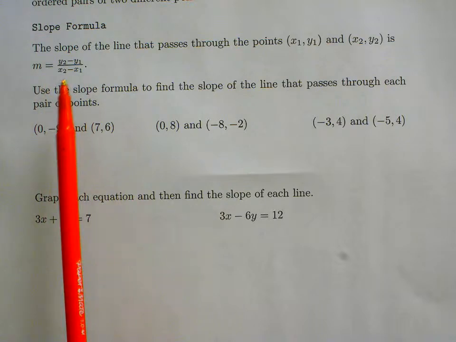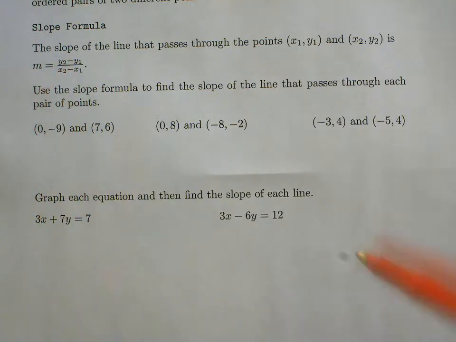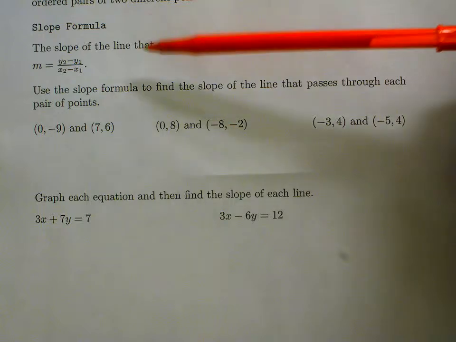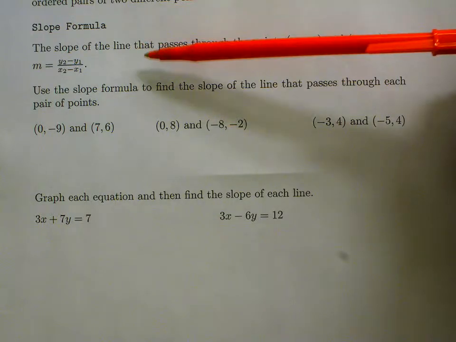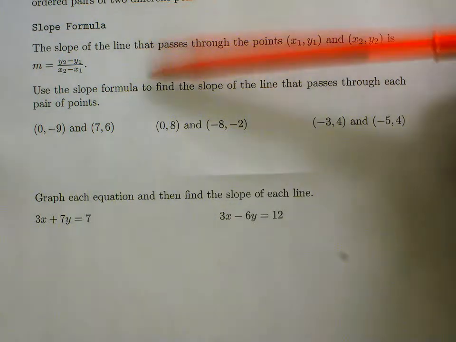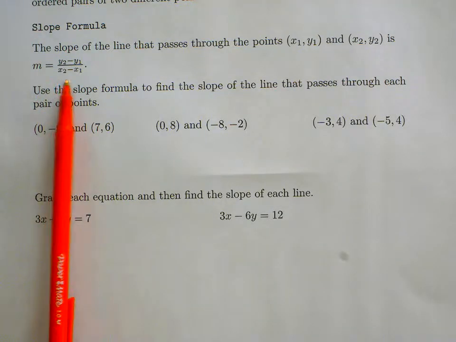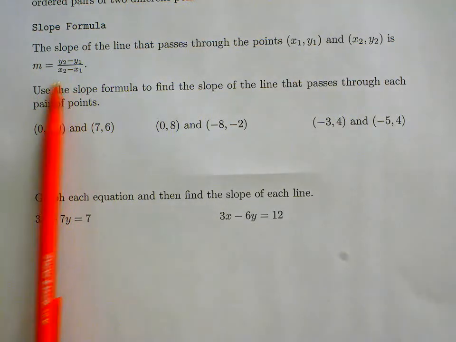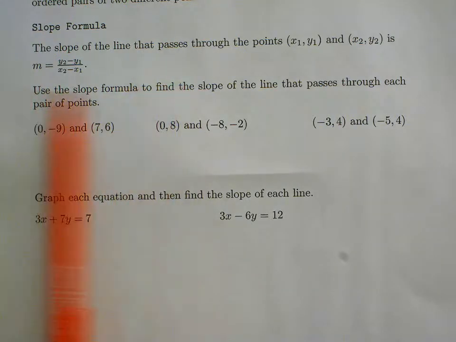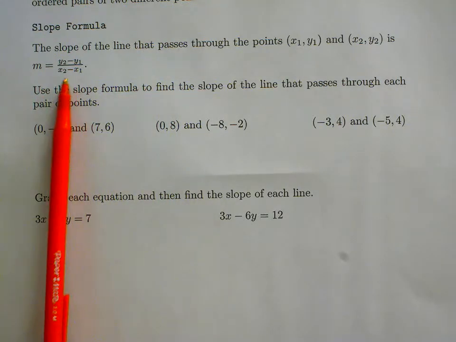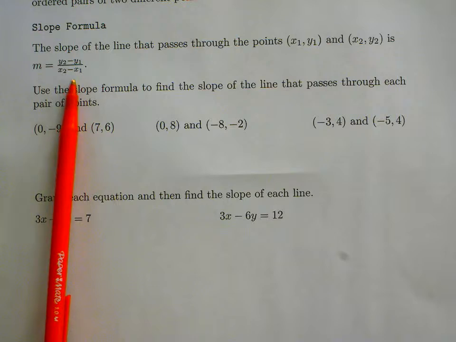A difference in y coordinates is a difference in vertical movement, or rise. And the denominator, x2 minus x1, that's a horizontal measurement, which corresponds to run. So this is rise over run.